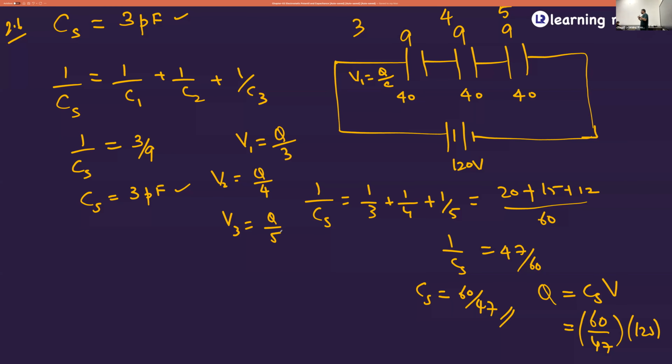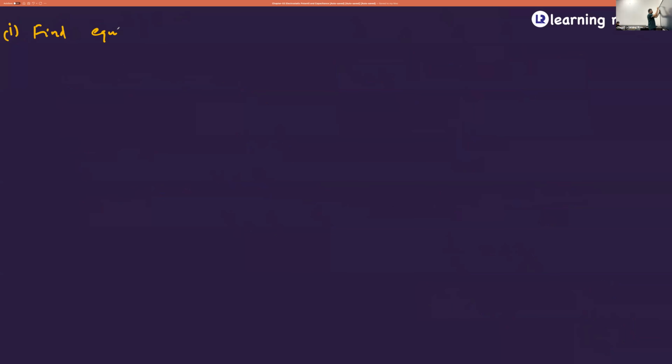Second, find the charge supplied by the battery.